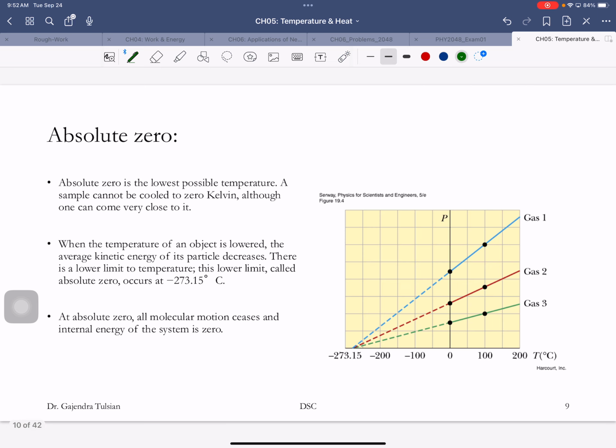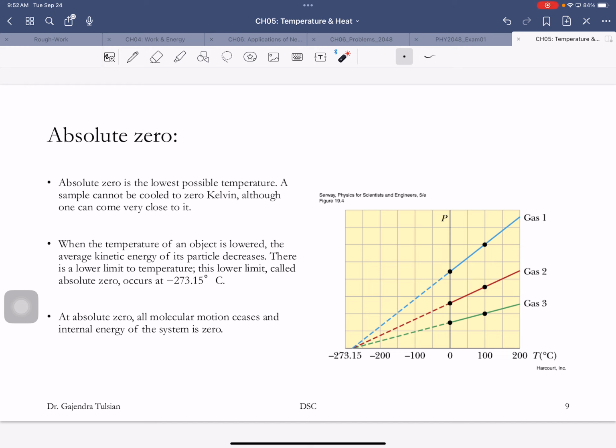What this graph shows you is how absolute zero was discovered. You can take three different amounts of gas in a flask. You fill one flask with so much gas, and the same flask with more gas, so the pressure is higher.